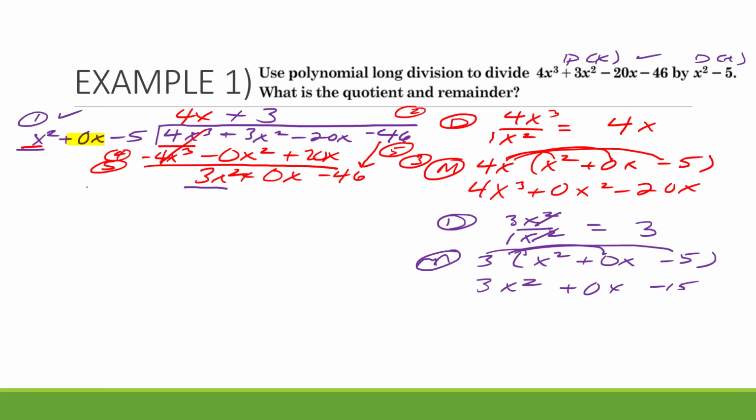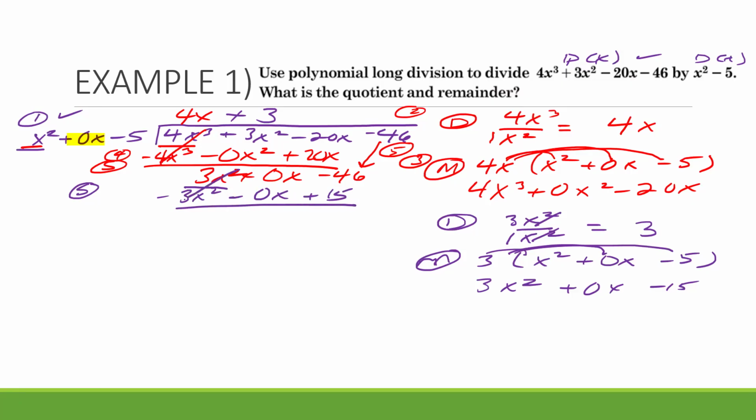After we multiply, we then are going to subtract. And what does subtraction mean we're doing? Subtraction means we are changing the signs and combining, okay? If it's positive, it becomes a negative. If it's negative, it becomes a positive. So this becomes 3x squared minus 0x plus 15.